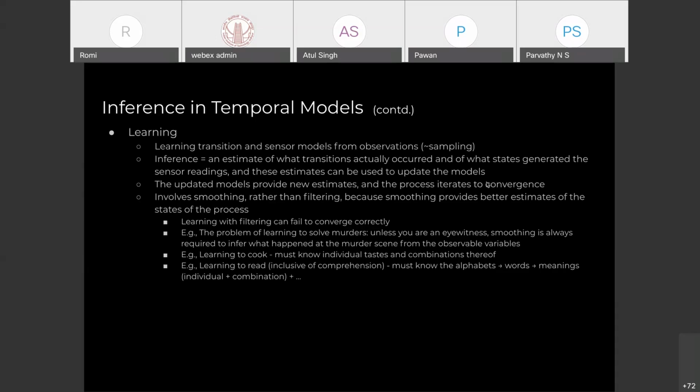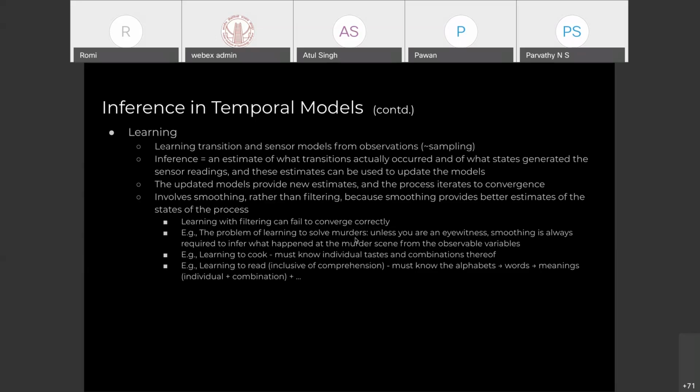So this all comes up together when you are trying to learn this model. You're trying to bring together these sensory inputs and these states that you are trying to define, in order to learn how the real world functions. So again, here the problem of learning to solve murders.